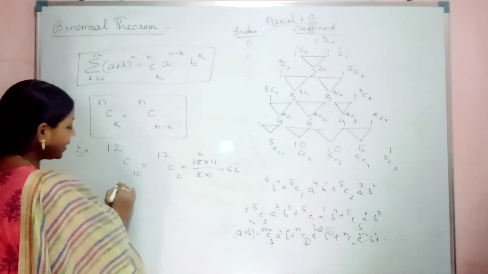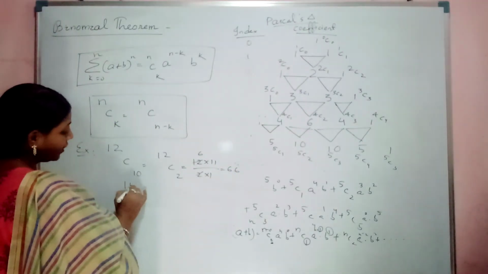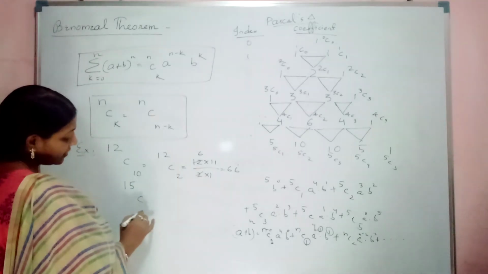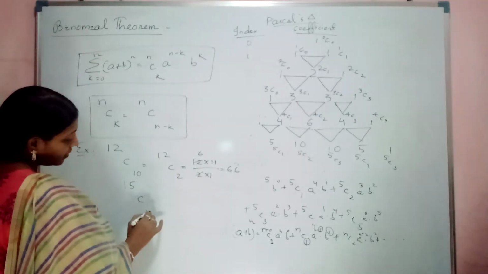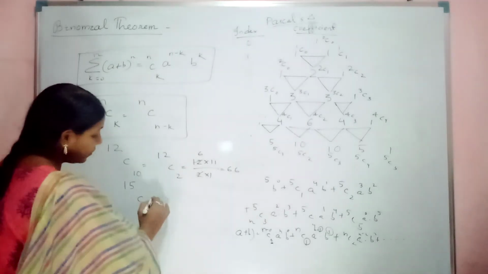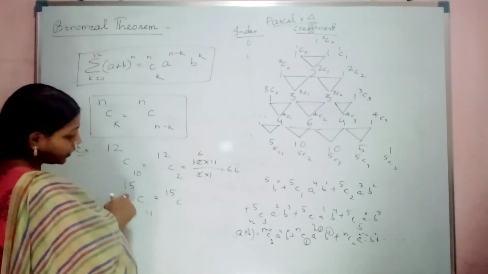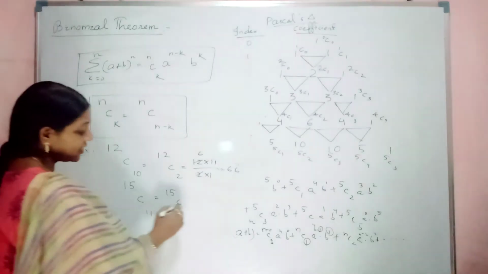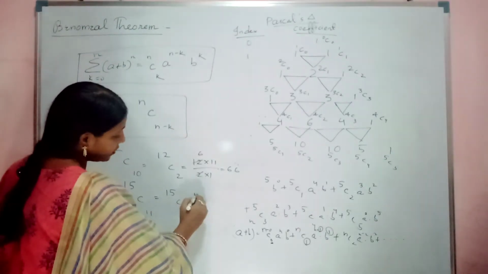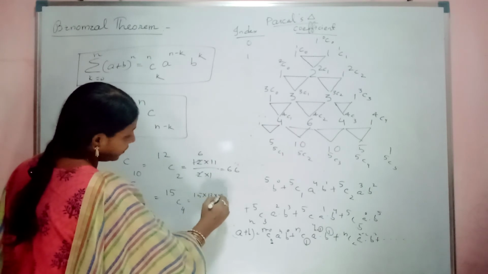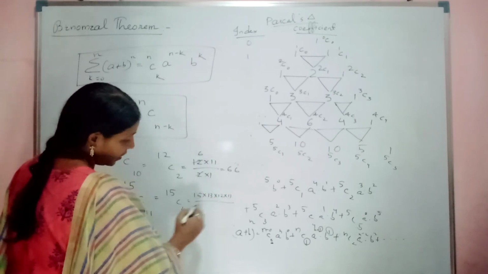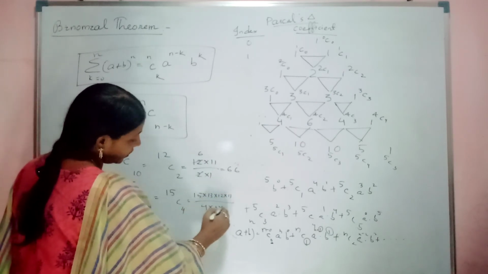66. Similarly, for example, you write 15C, they have given it as 13. Similarly, what do you write? 15C, let it be 11. So 15 minus 11, how much is it? 4. So in such a case, you will write 15 into 14 into 13 into 12 divided by 4 into 3 into 2 into 1.